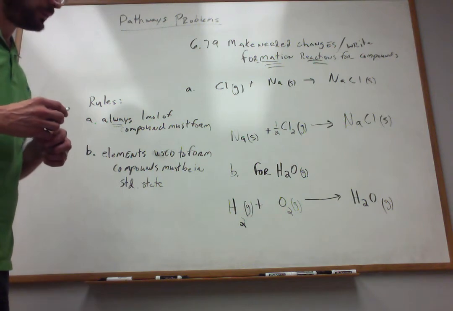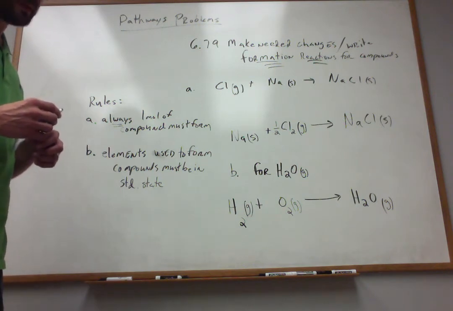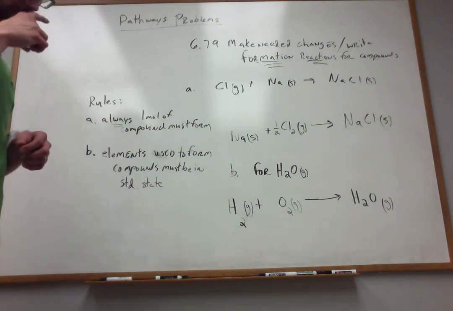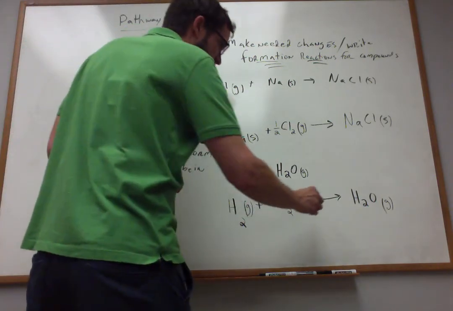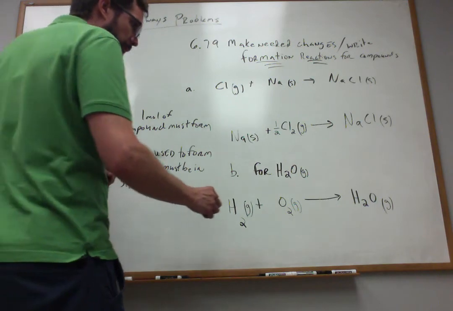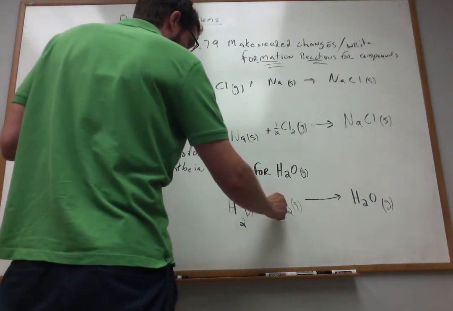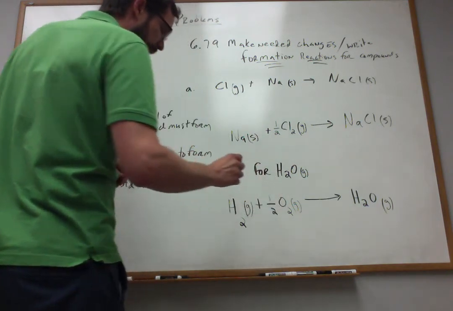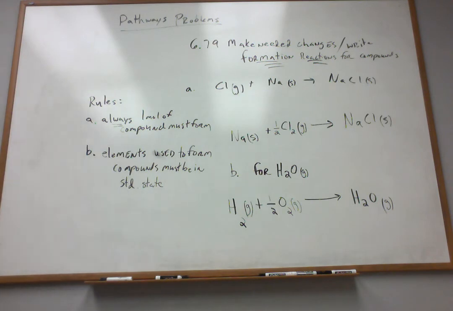So I need to write H2 gas and O2 gas. I'm forming the compound from its elements, again specifically 1 mole. I cannot change that. But I could write 1/2 here for my oxygen, and then that balances my formation reaction for water.